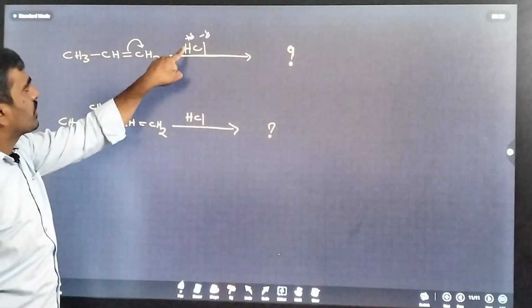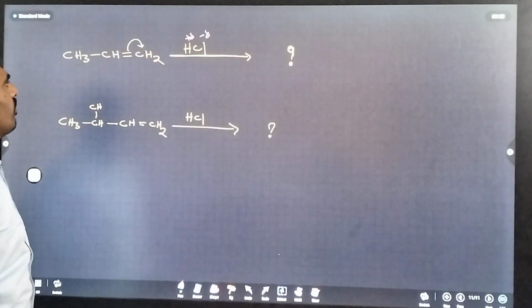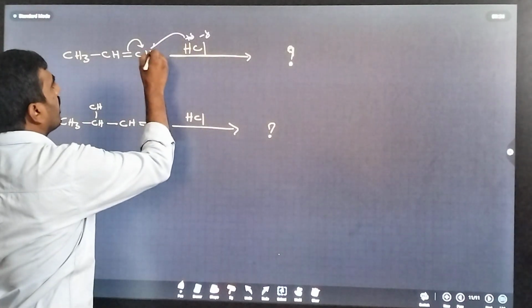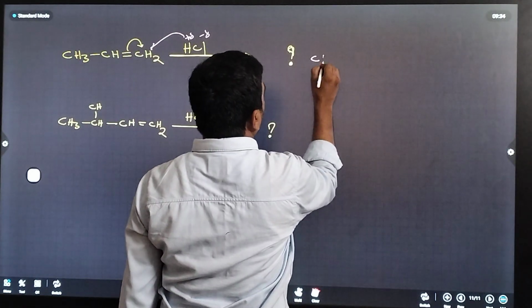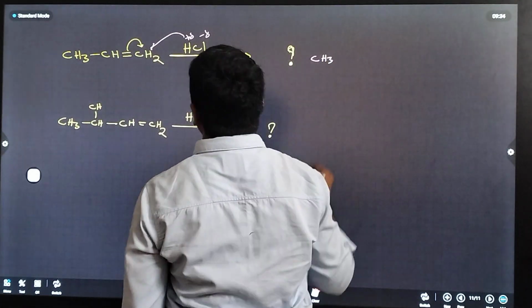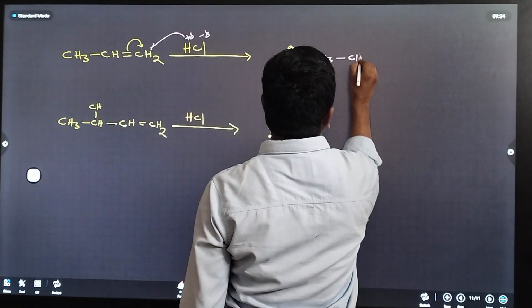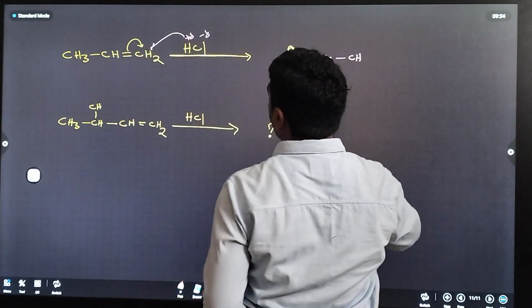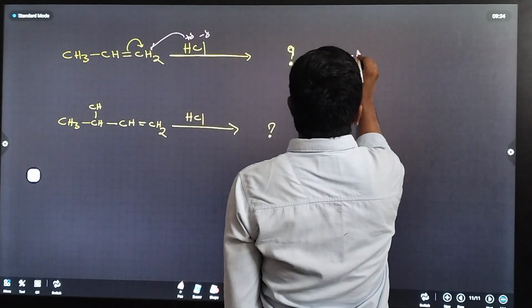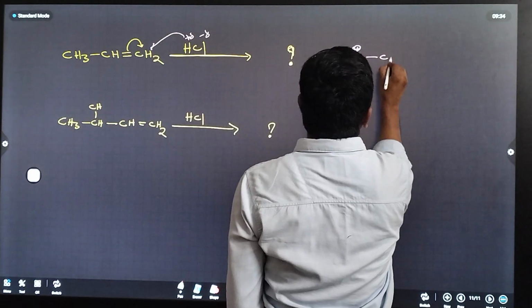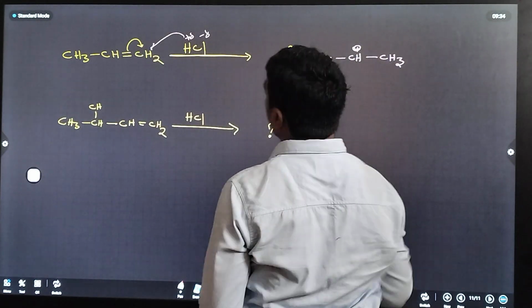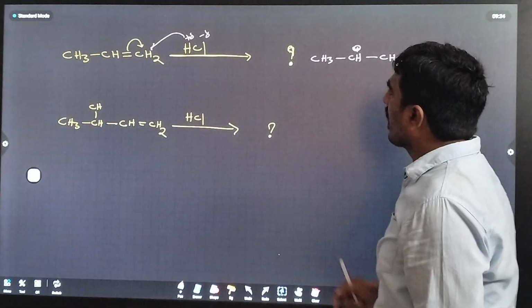So that's why in the first step the H plus ion is involved. This H plus ion attacks here, so we get CH plus and CH3.